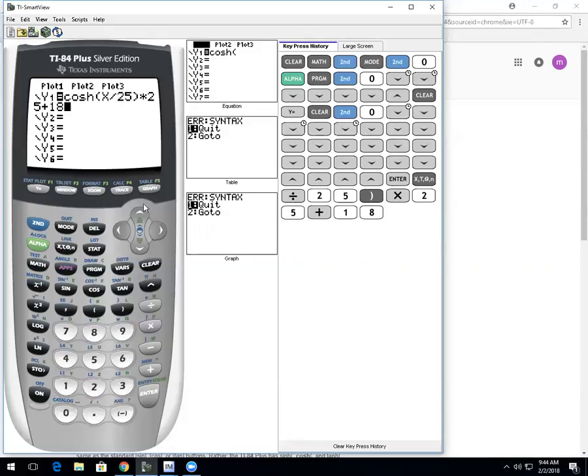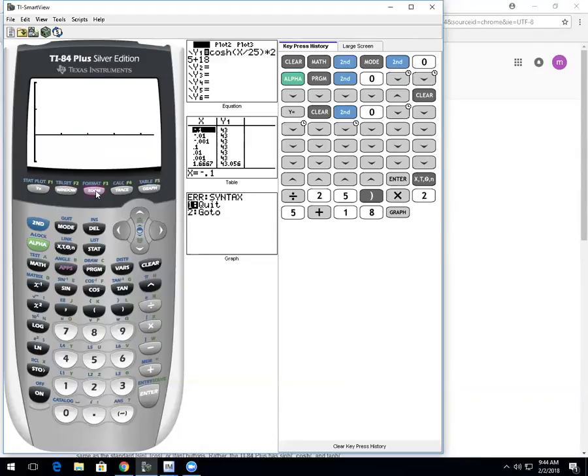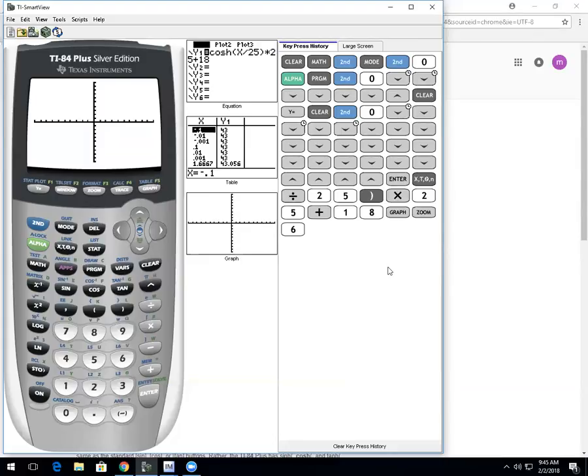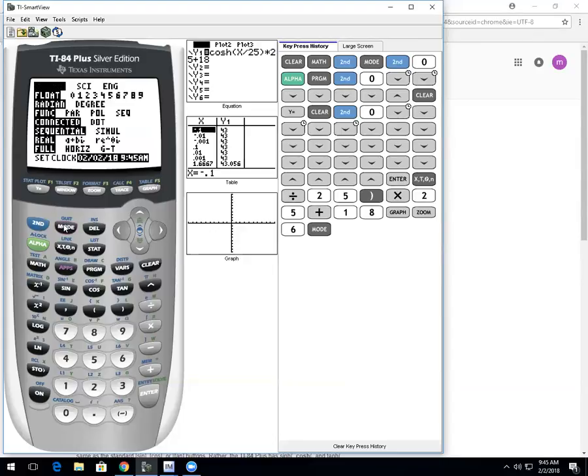So, graph it. And that's a window that I had from some previous life. Change it to standard window. Still not right. All right, and that's not acceptable. So I'm going to do two things. I'm going to check to make sure my calculator's in radian mode. And it is. I'm not sure that even matters.